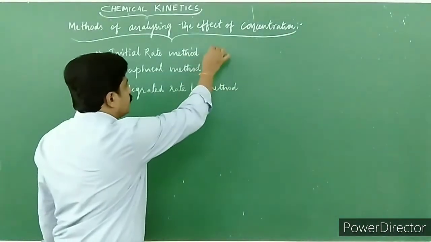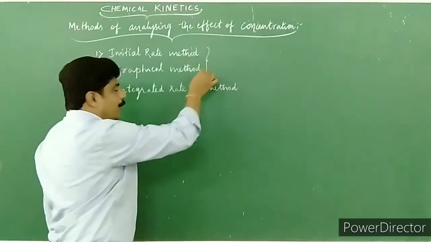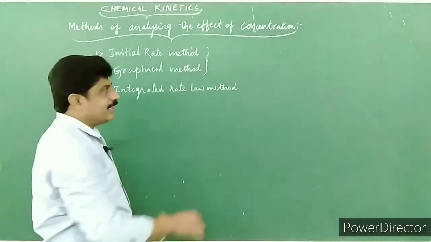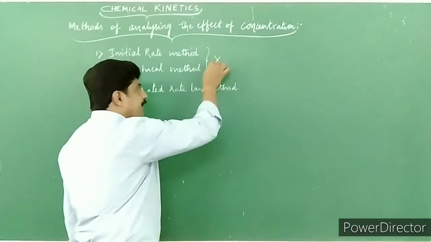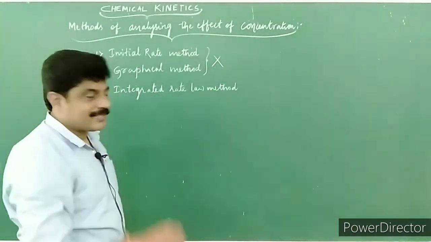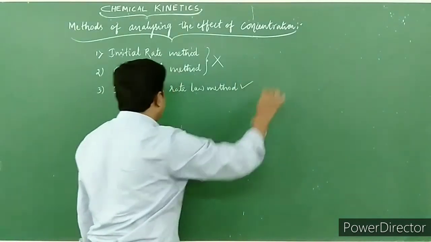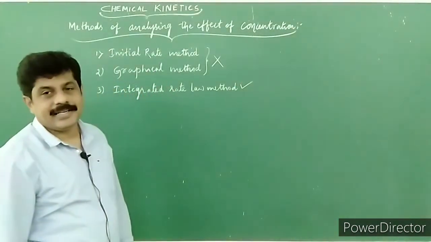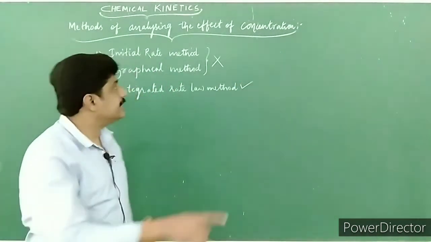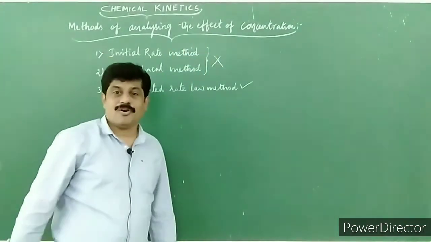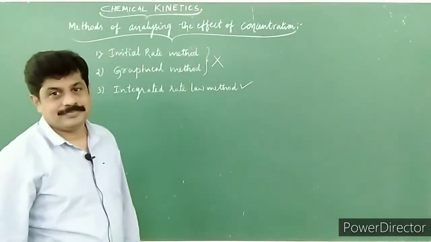Children, the first two methods we are not going to concentrate on because they are not included in your syllabus. What I do, I'll restrict myself only to the third one, integrated rate law method, for analyzing the effect of concentration on a rate of a reaction.